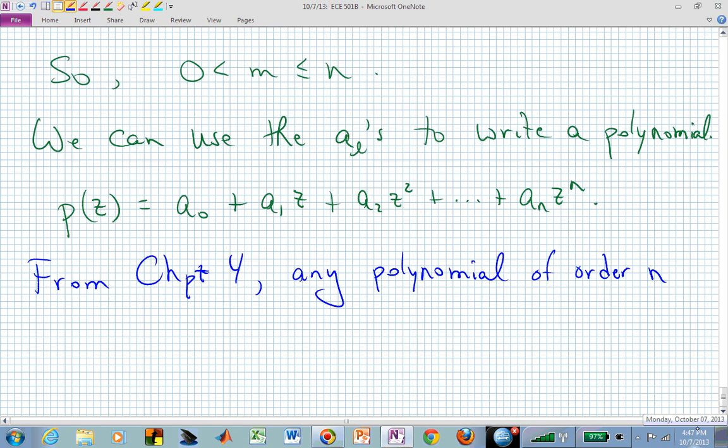Any polynomial of order n with potentially complex coefficients has how many roots?